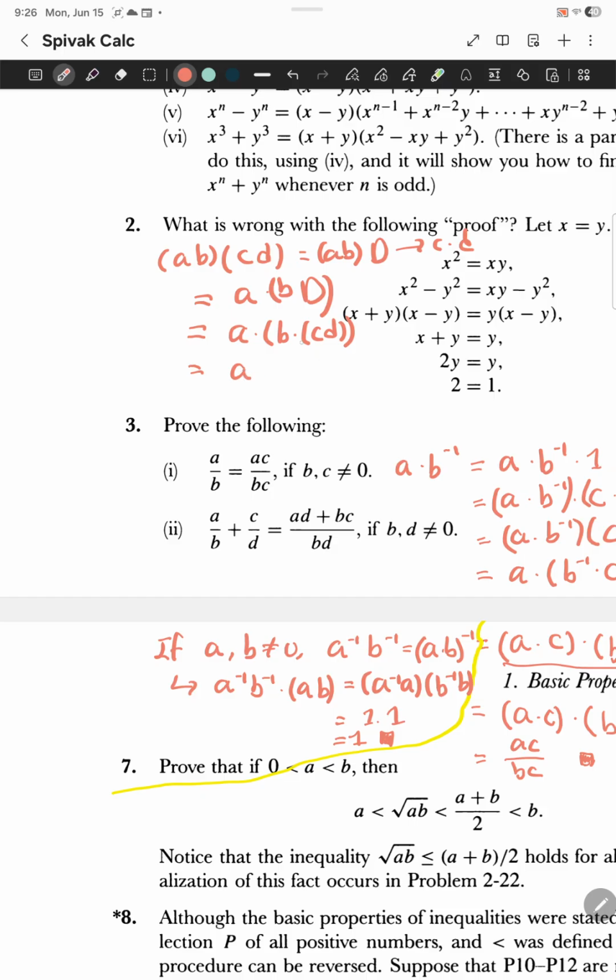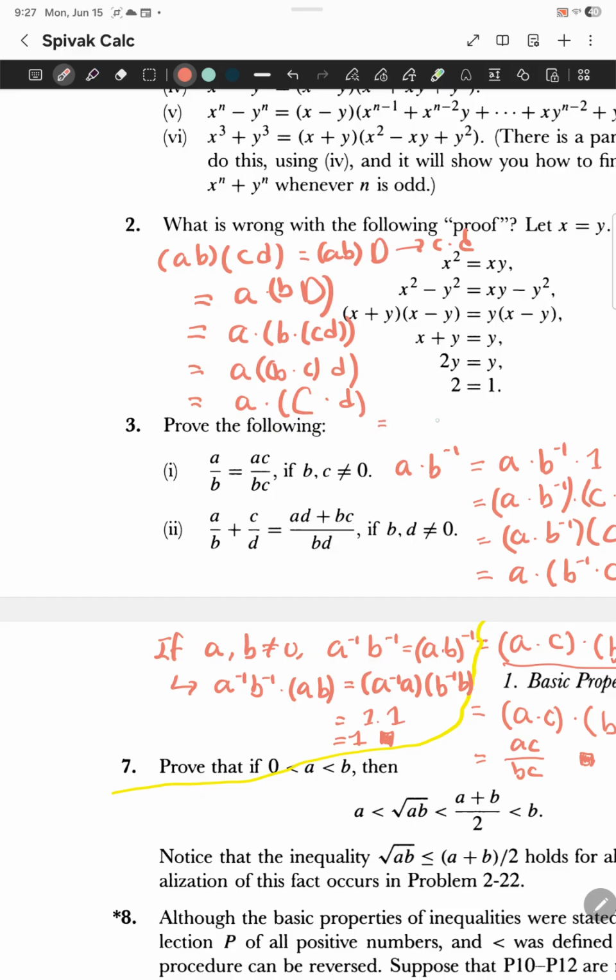What is this equal to? a times big c times d, right?